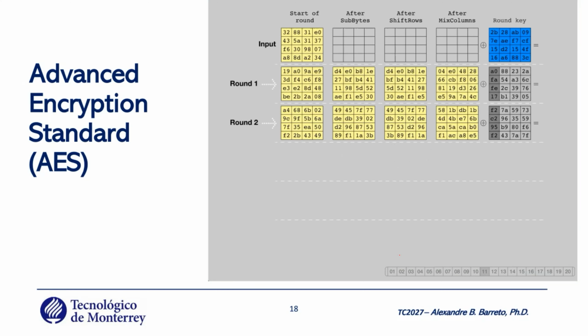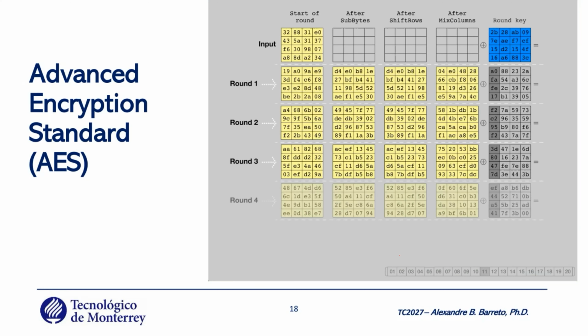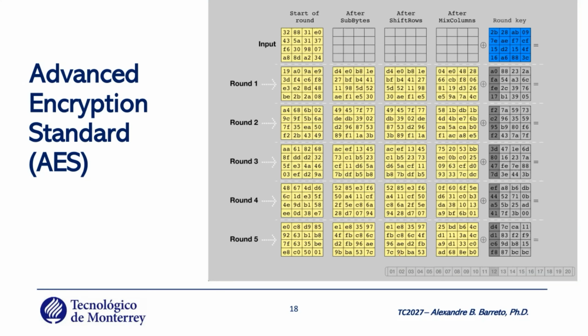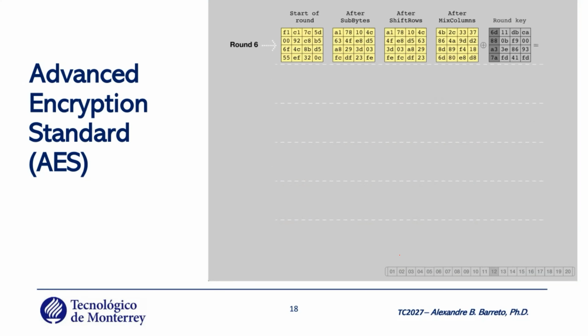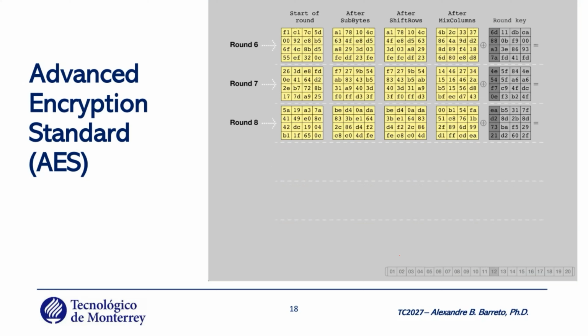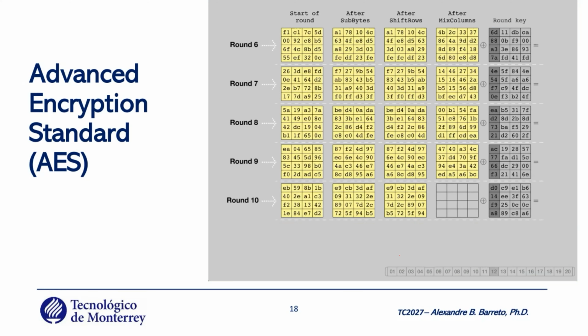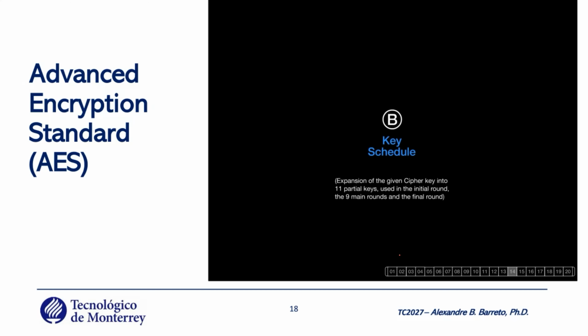Now let's explain the operation round to round. Now, how do you do the key schedule?